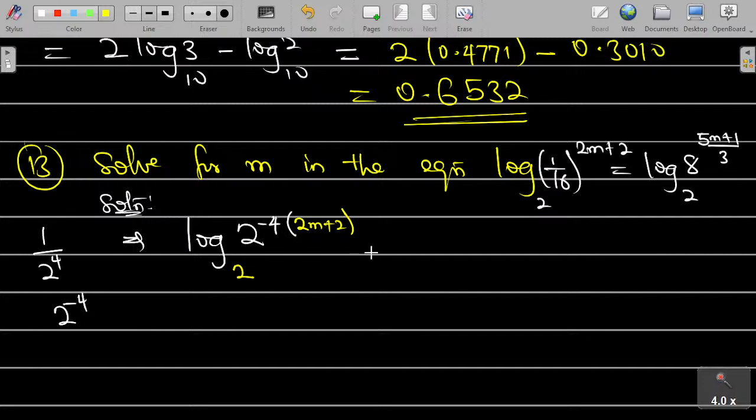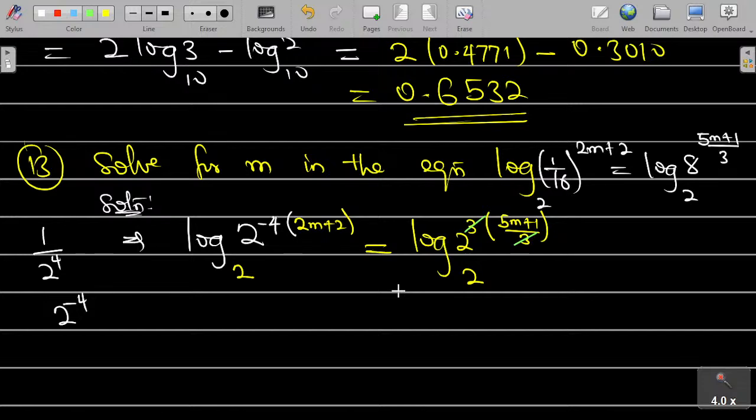And then on the right hand side, I will do the same thing. I will have the log of 2 to the power of 8, multiplying 5m plus 1 all over 3, all in base 2. The beautiful thing you will see here is that this 3 will cancel this 3.